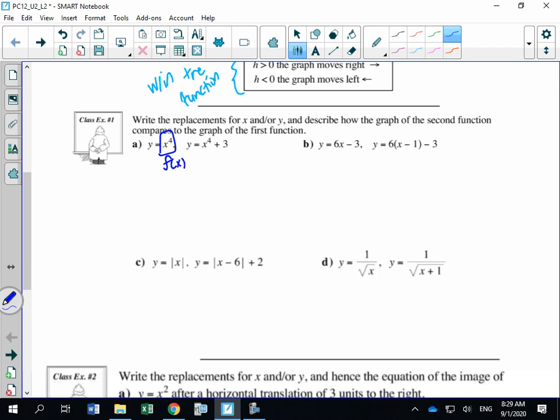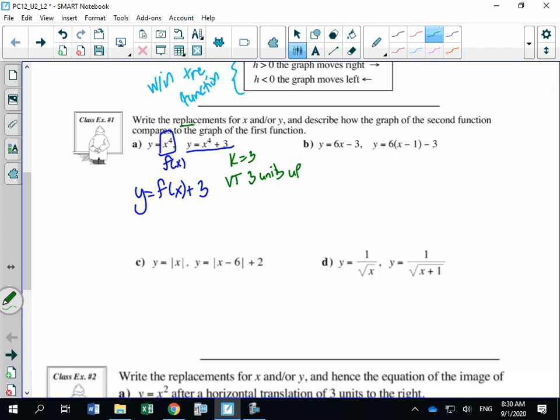And then in the transformation, they did y is equal to f of x plus 3. So hopefully you could see this and say, okay, that plus 3 is my k parameter. So k is equal to 3. That's a vertical translation, 3 units up.